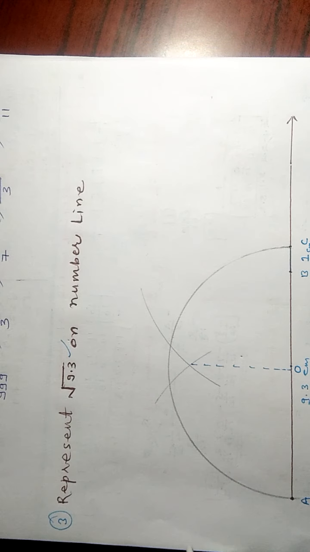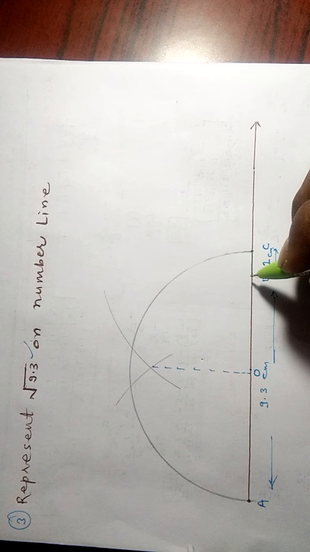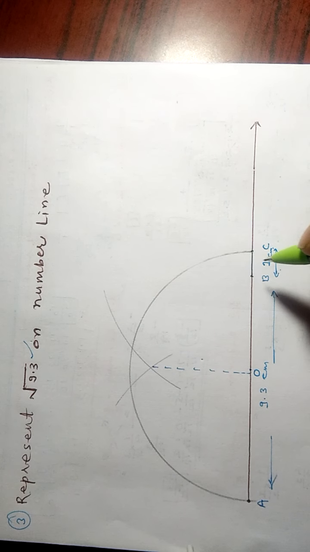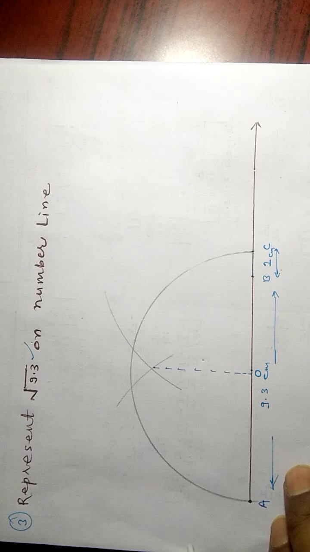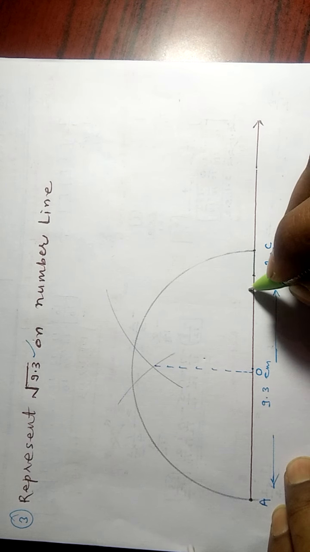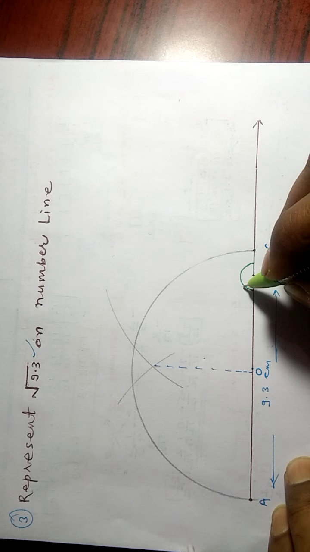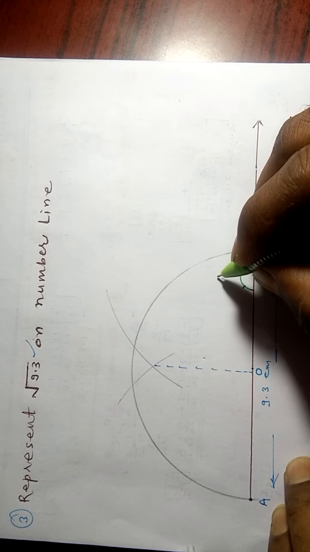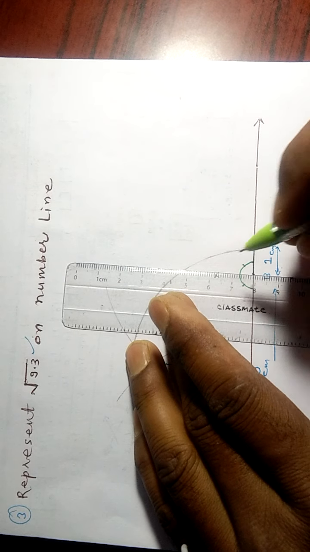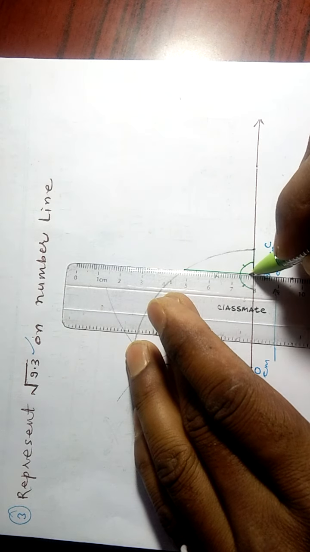Now from this point B, we have to draw a perpendicular on the line AC. And how can you get it? In this manner, cut it here, and from here and here, somewhere you will find it.